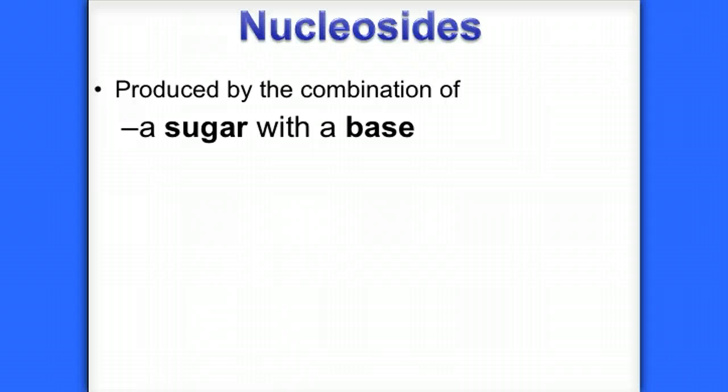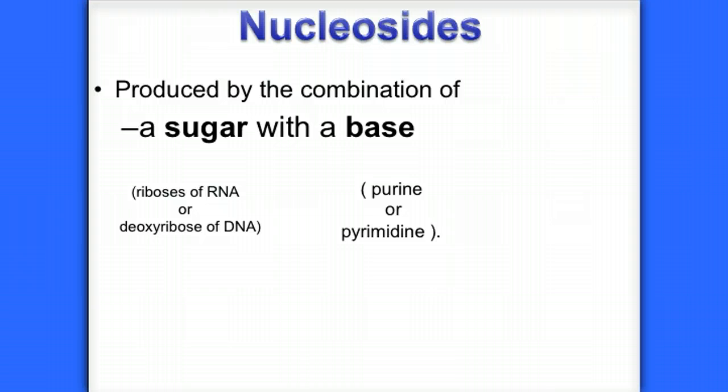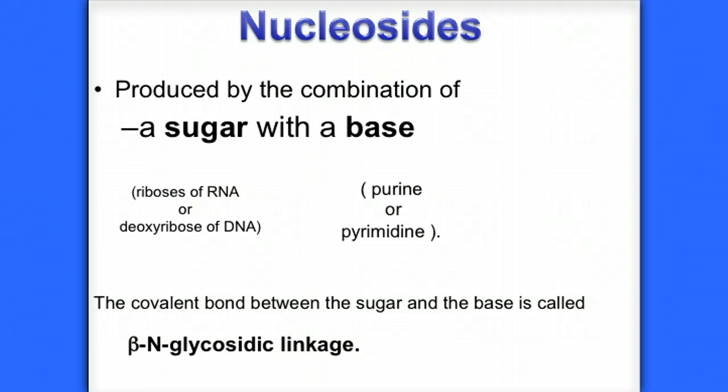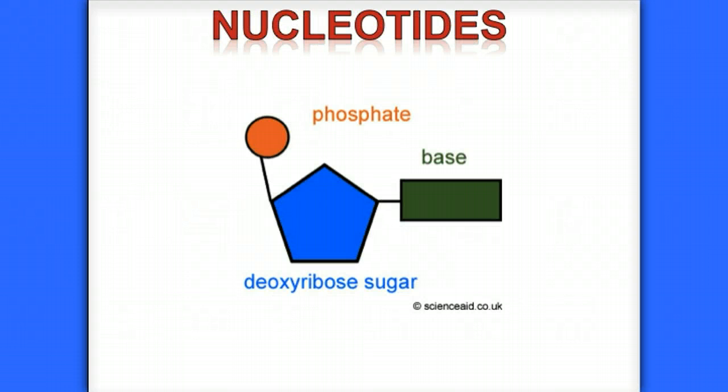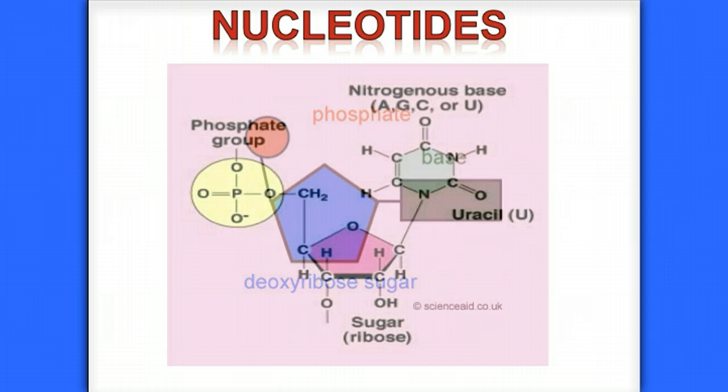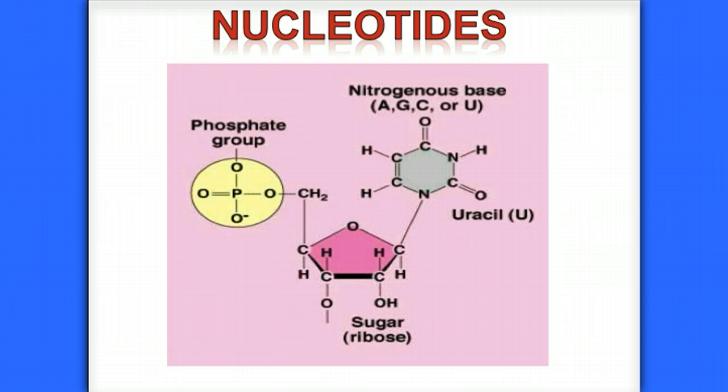And we also know nucleosides contain a sugar and a base. Together they form what we call nucleosides, and there are bonds between them called beta N-glycosidic linkages. We're going to see that. But this is a nucleotide: the phosphate group, sugar and a base, and that is the detailed structure of it.